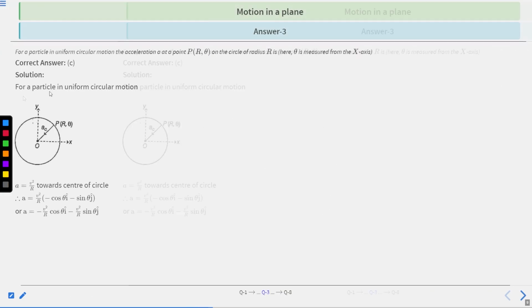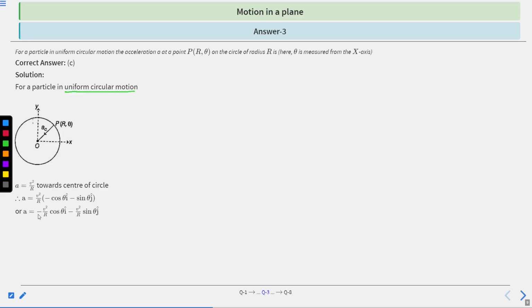Let's find a solution. For a particle in uniform circular motion, a equals v squared by r towards the center of the circle. So a equals v squared by r times (minus cos theta i cap minus sin theta j cap).